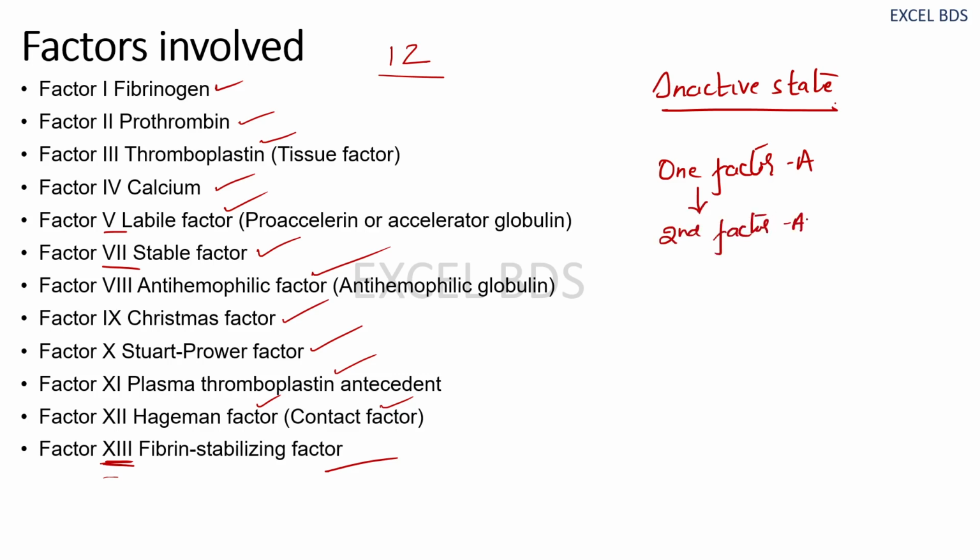The second factor becomes active and triggers the activation of the third factor. So this is happening in a series.